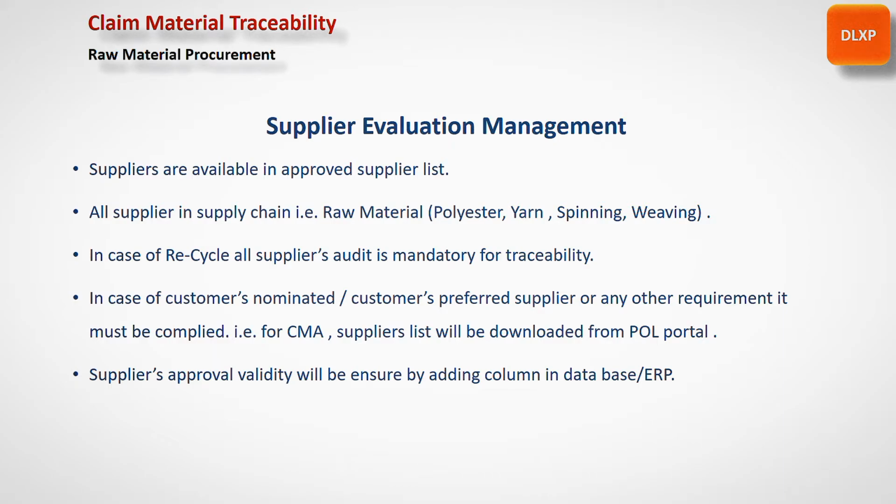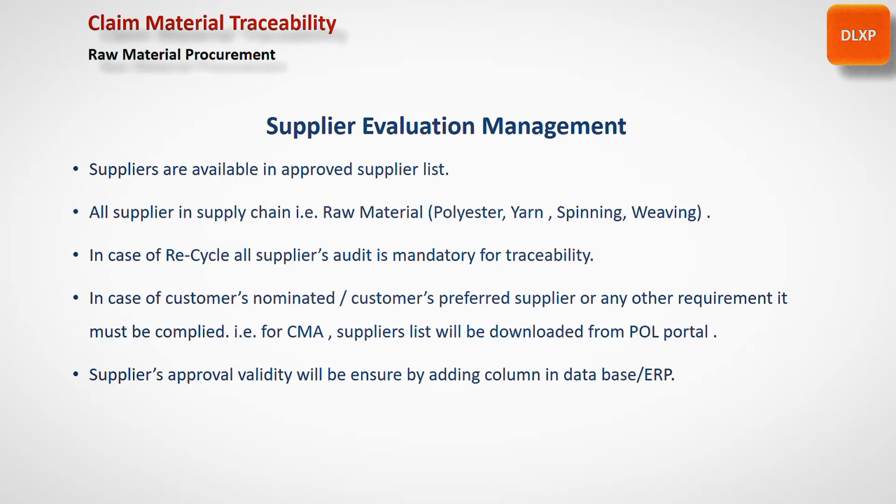Every customer conducts their suppliers' audits, and these records are available on their portal with the validity of the certificates or audit. It is very important that every supplier audited by the customer has a proper validity date, and this validity date should be part of your supplier list.